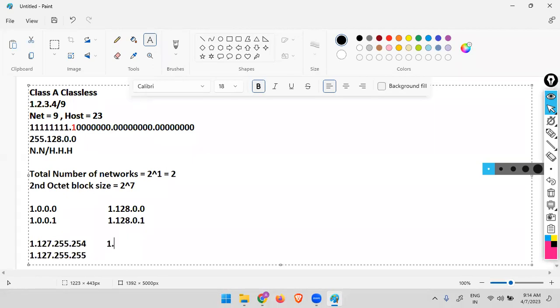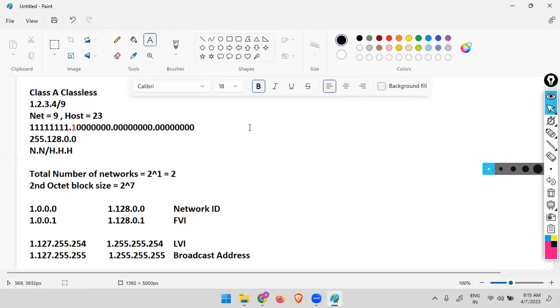What will be the value here? Correct. And last here. Network ID. First valid IP. Last valid IP. Broadcast address. Okay.